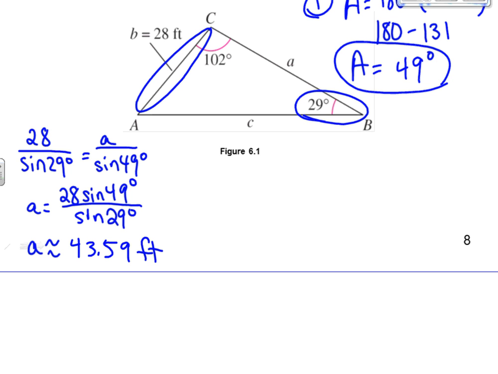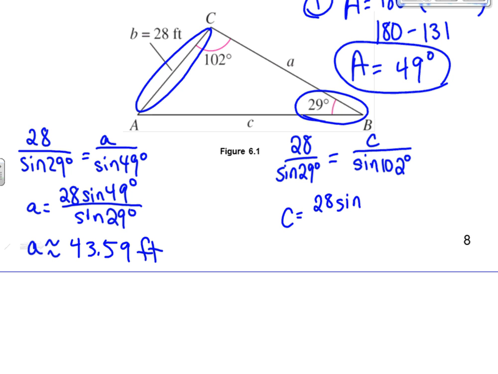And then I'll just go through that same process to find the missing side C. So for that one, I'll just stay with my 28 over the sine of 29 degrees, and that's equal to C over the sine of 102 degrees. Cross multiplying again, I get C equals 28 sine 102 degrees divided by sine of 29 degrees.